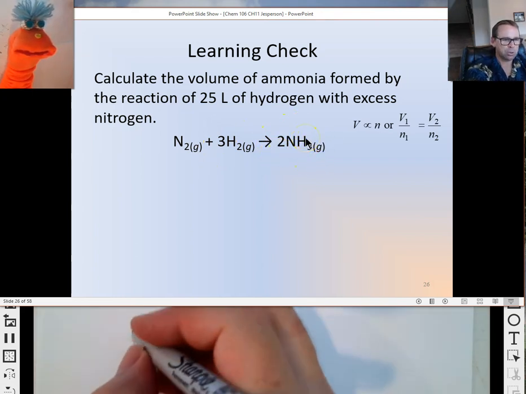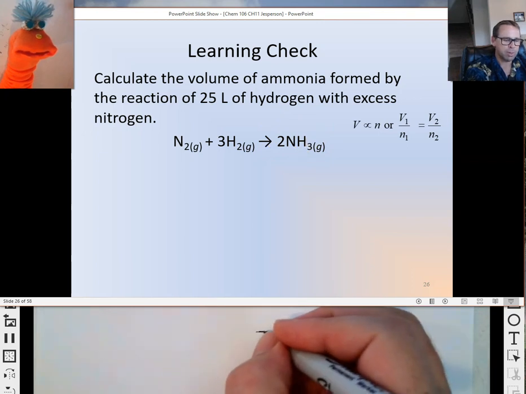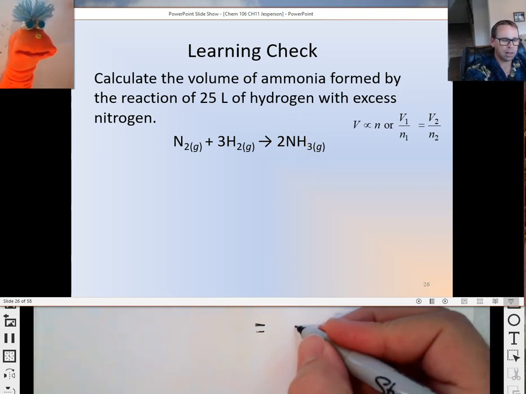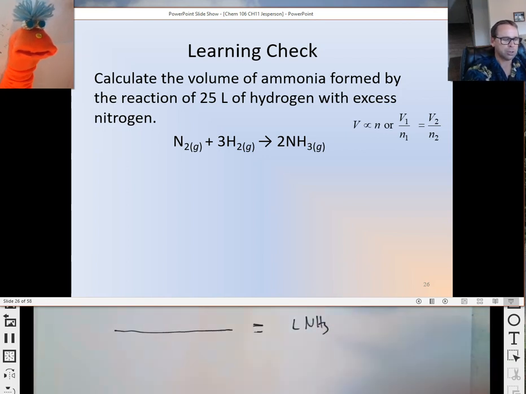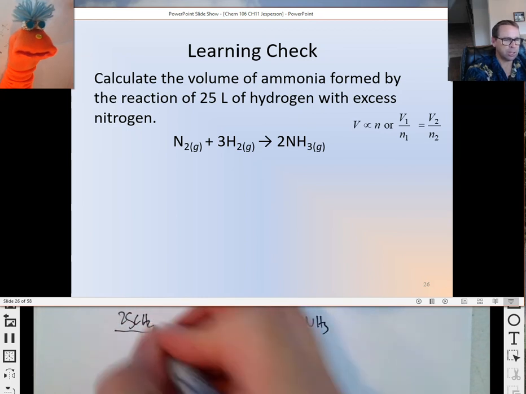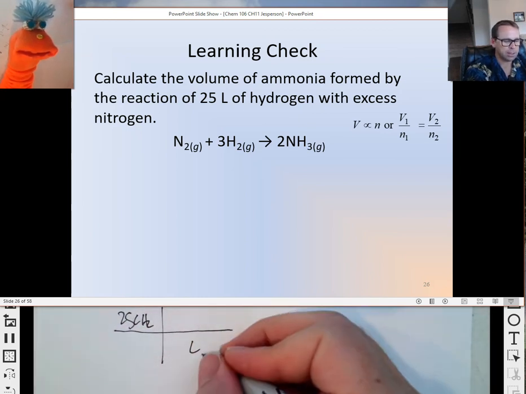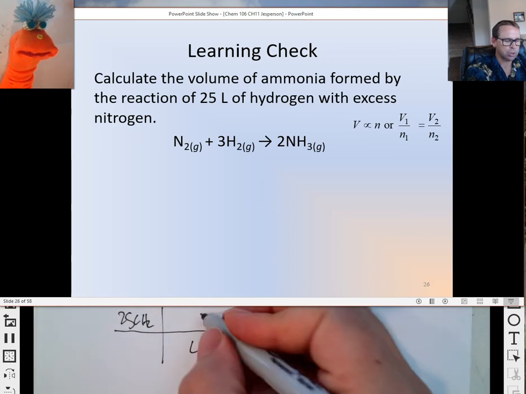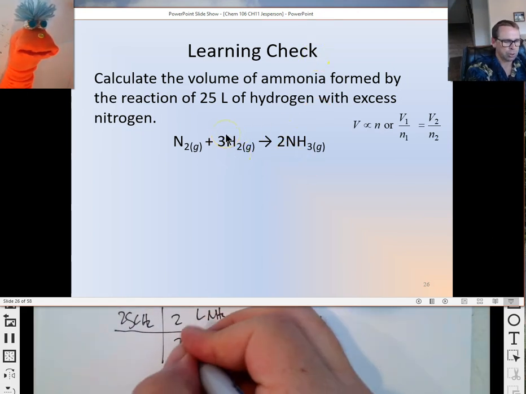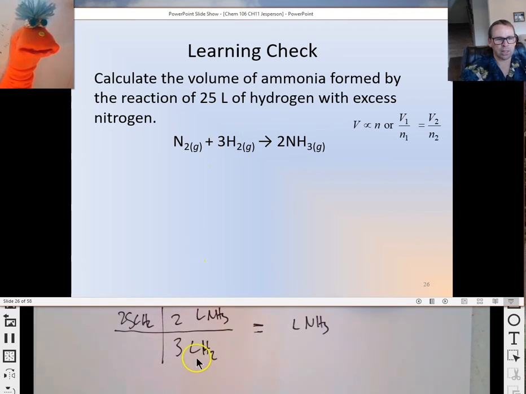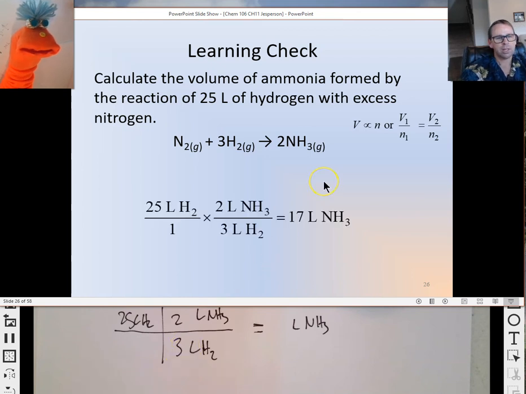So we can use dimensional analysis and say, I want to know how many liters of ammonia, starting off with 25 liters of hydrogen gas, and I can relate liters of hydrogen gas to liters of ammonia through the stoichiometry, 2 to 3. 2 liters of ammonia are created for every 3 liters of hydrogen gas that go in. So 25 times 2, 50, divided by 3, and that'll be our liters of ammonia.